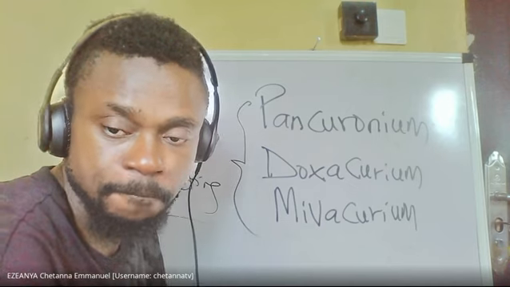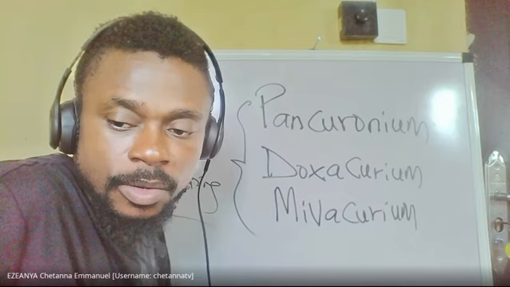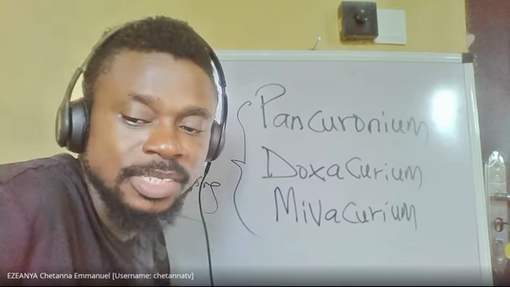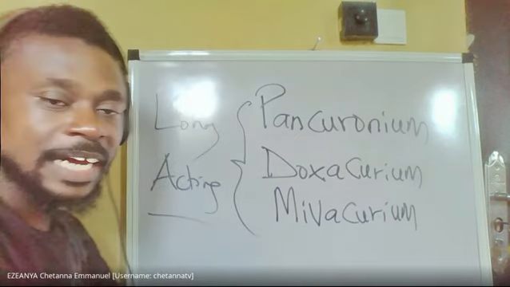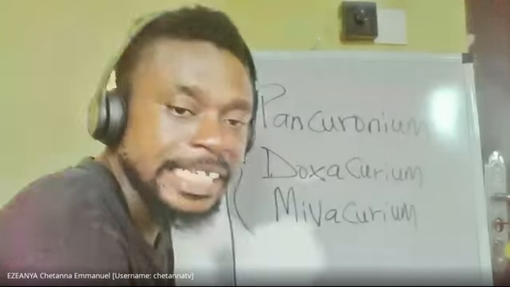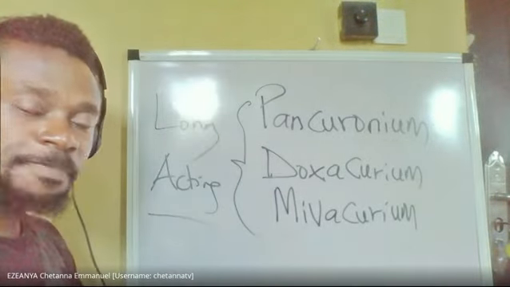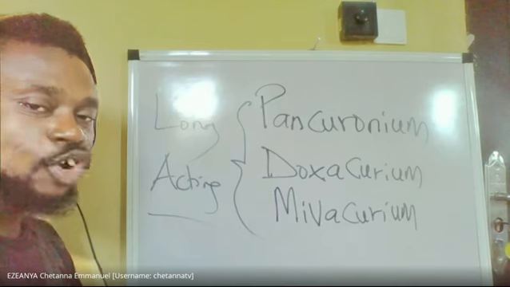Okay? Good. Let's continue. So I have already told you how this one works, but let's go a bit deeper and look at their mechanism of actions. Remember, I told you that they block transmission at the neuromuscular junction.